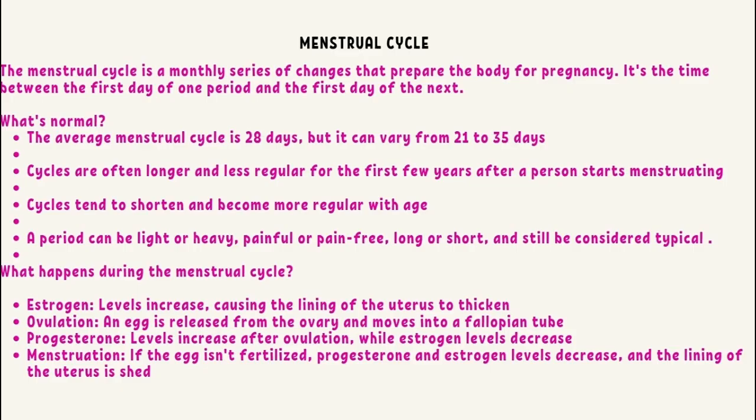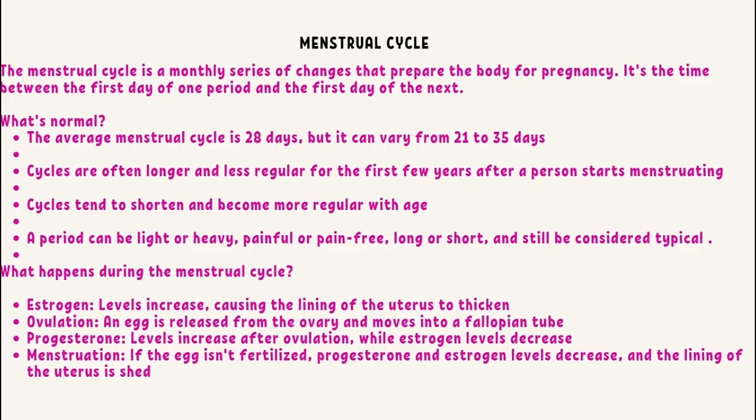Cycles tend to shorten and become more regular with age, and it can be light or heavy, painful or pain-free, long or short, and still be considered typical, because pain associated with it is seen as normal. It is very much normalized in today's society, right? About period cramps, it's normalized as if it's nothing.